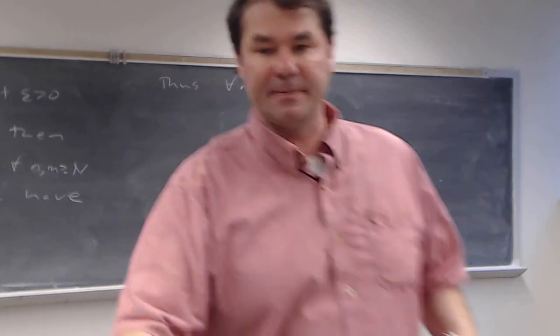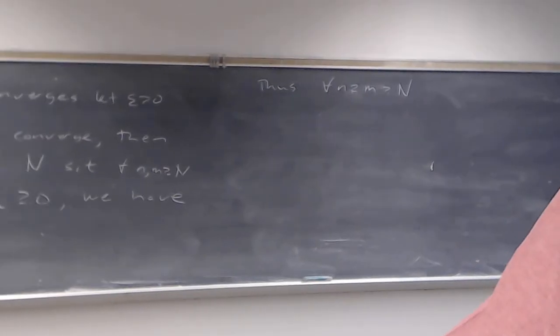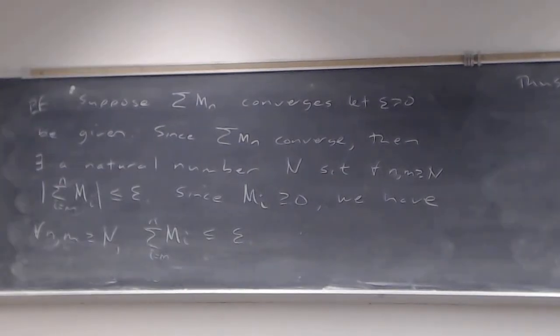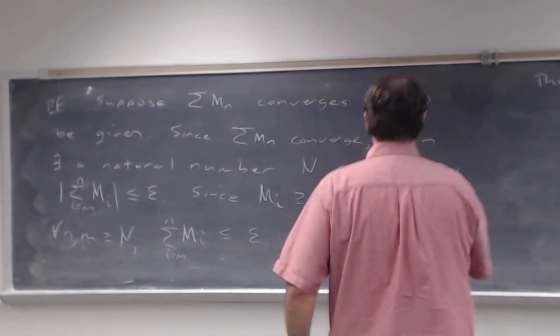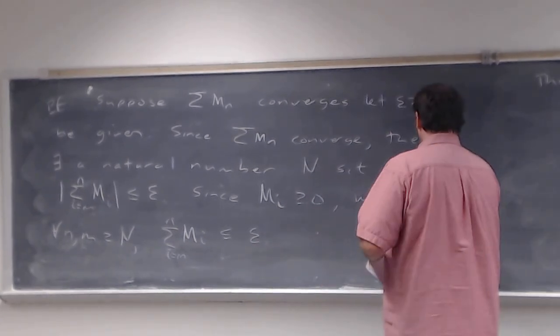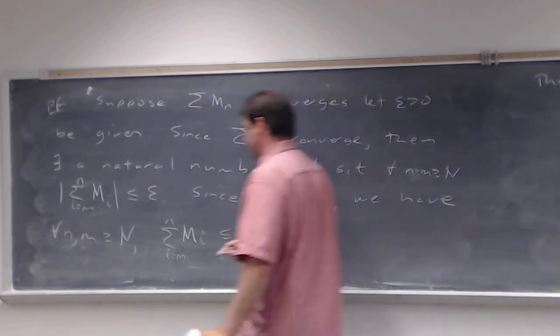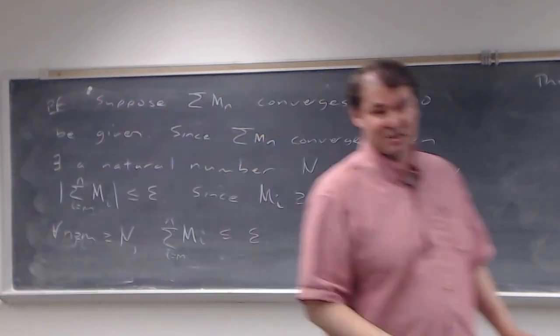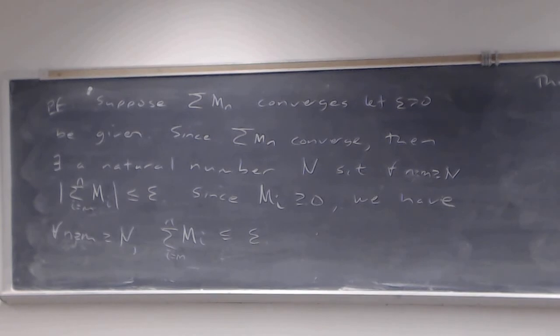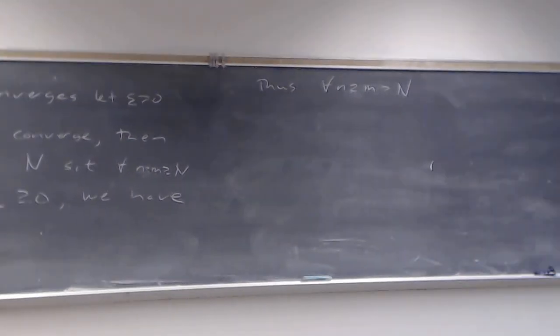Let's go back and change that. So what I'm referring to is this correction here, that we're having the stipulation that n is bigger than m. So I should have it here. So that's the change that needs to be made. Sorry.